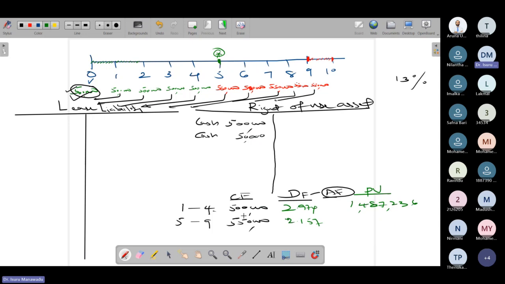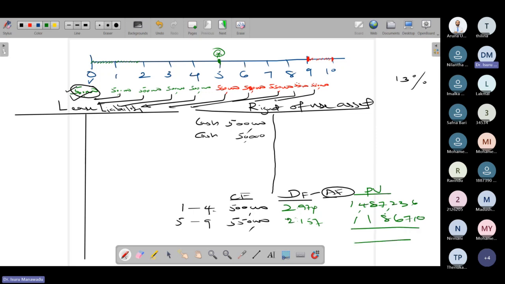Right. Now you can multiply by 550,000 because from year 5 to year 9, it is the same cash flow. That gives 1,186,710.